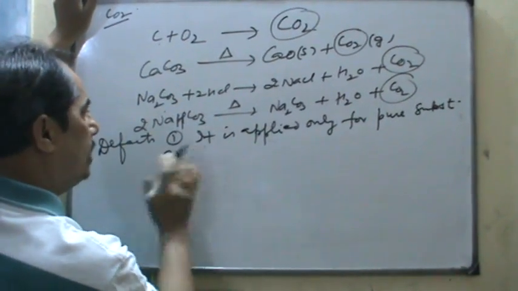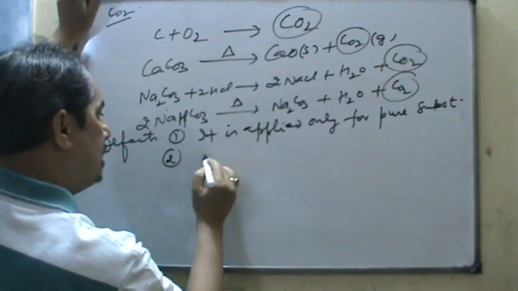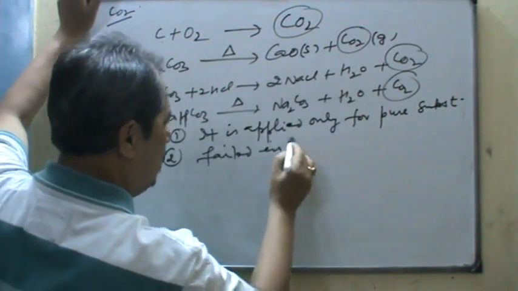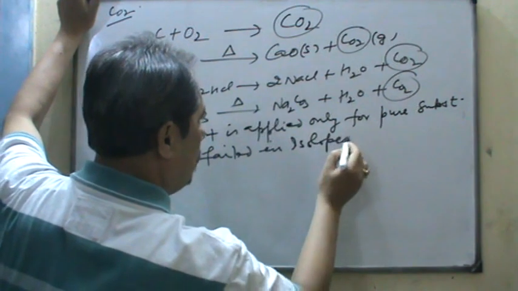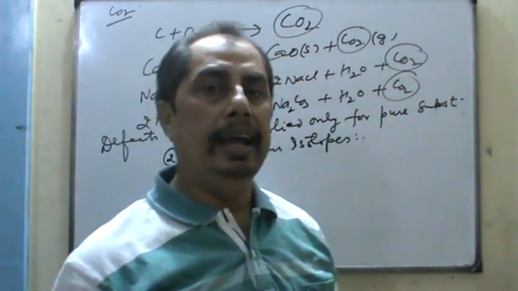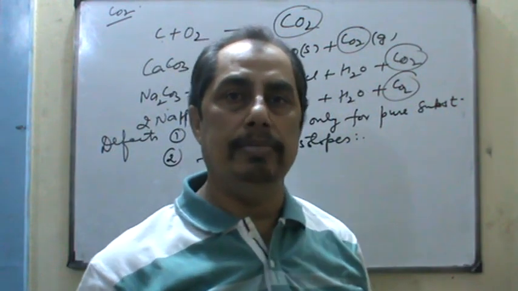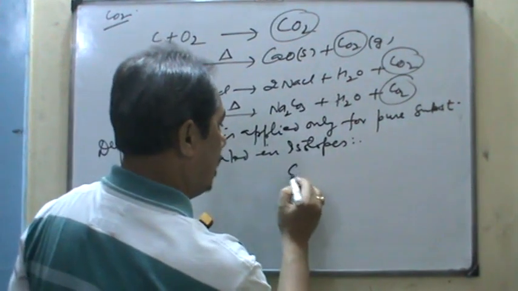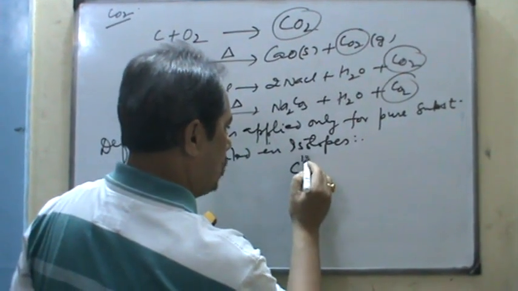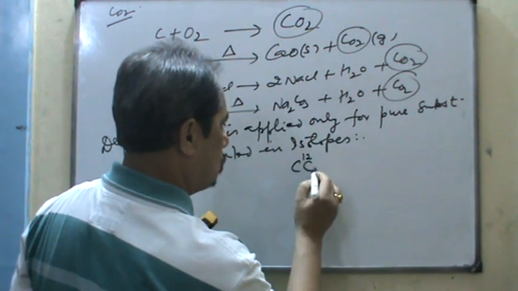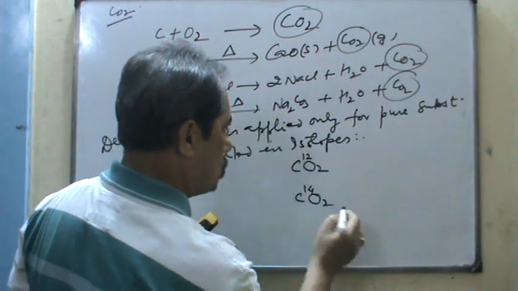Second, this law fails in the case of what? Anybody? Isotopes. What do you mean by the term isotopes? Isotopes means atoms of an element having the same atomic number but different mass number. For example, carbon has 12 atomic mass and this carbon has 14 atomic mass. This is called CO2 and this is also called CO2.